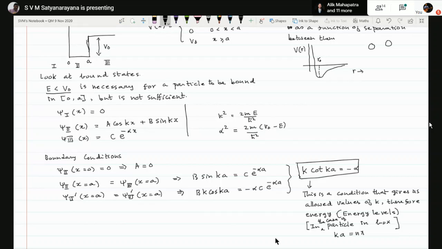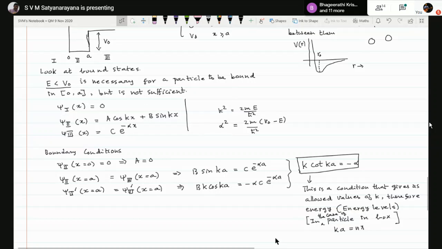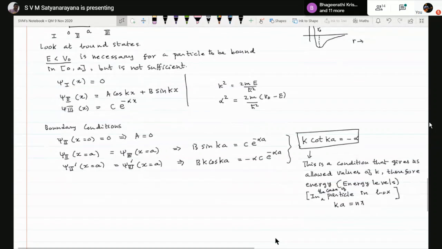Now in the particle in a half box, one side is still infinity, but one side is not infinity, and it is given by this. But you can see that it is not very easy to get the allowed values of energy in this case, whereas K equal to n pi is straightforward.